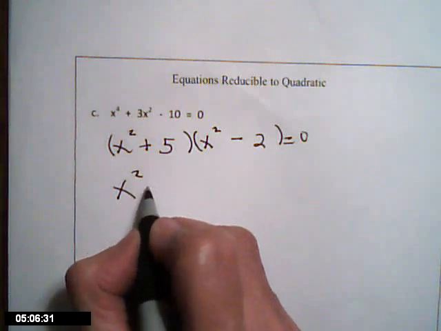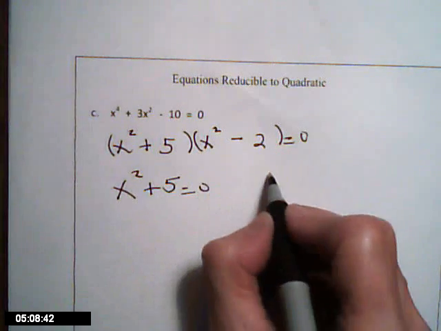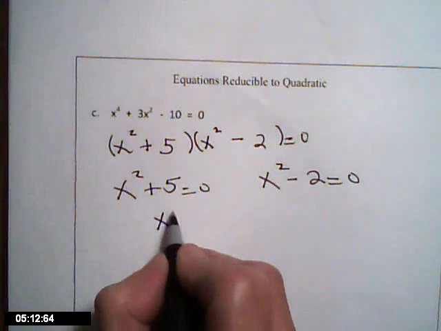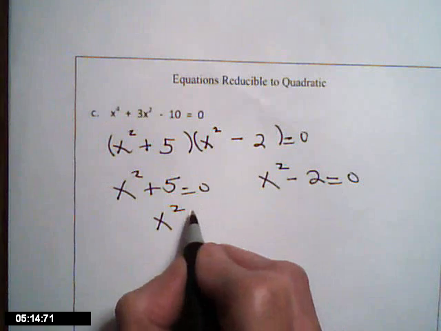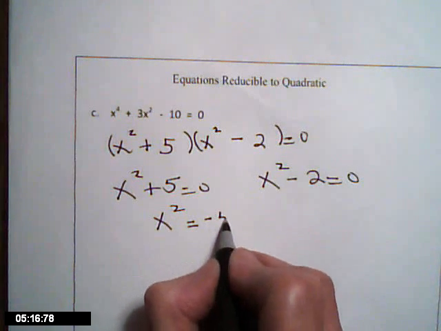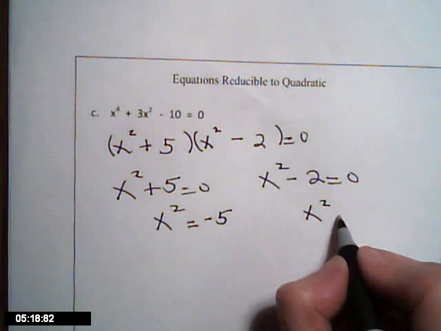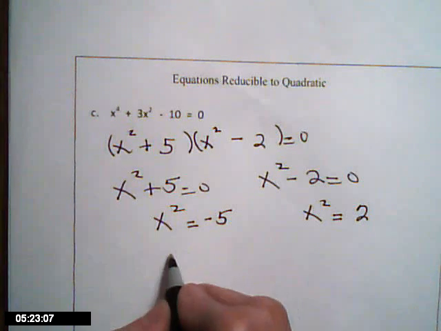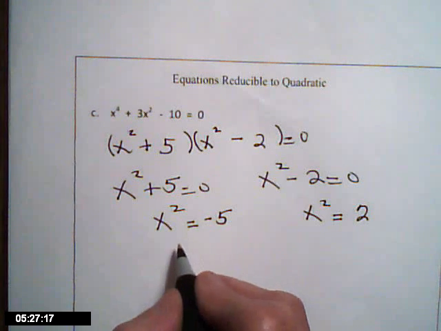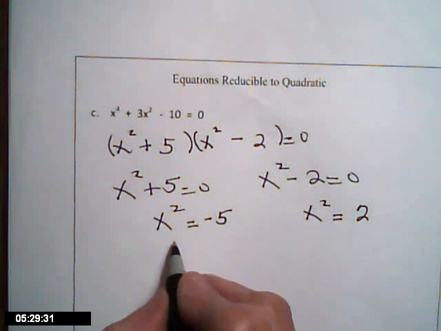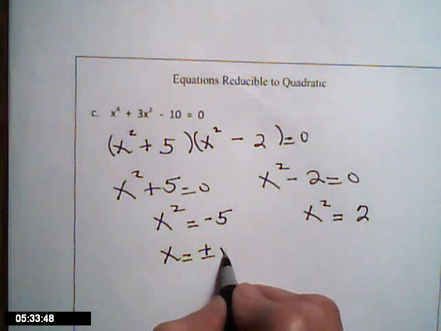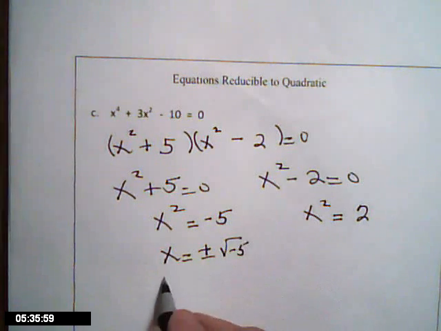Now set both of these factors equal to 0. You do not have the difference of two perfect squares, so I'll put the square on one side, the number on the other side, and I will have, now taking the square root of both of these, x equal plus or minus square root of negative 5.